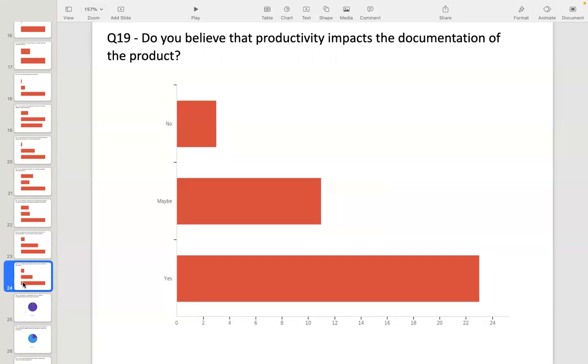Documentation of the product. It seems a lot of people believe that the documentation of products should impact the productivity, but there is still a majority of people who think that that is not the case.